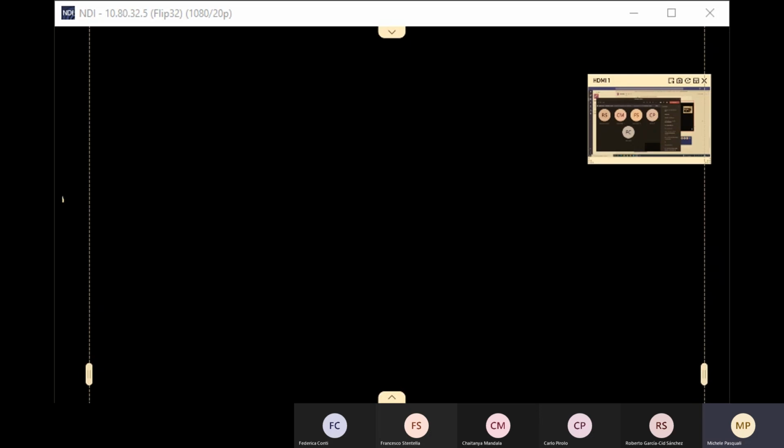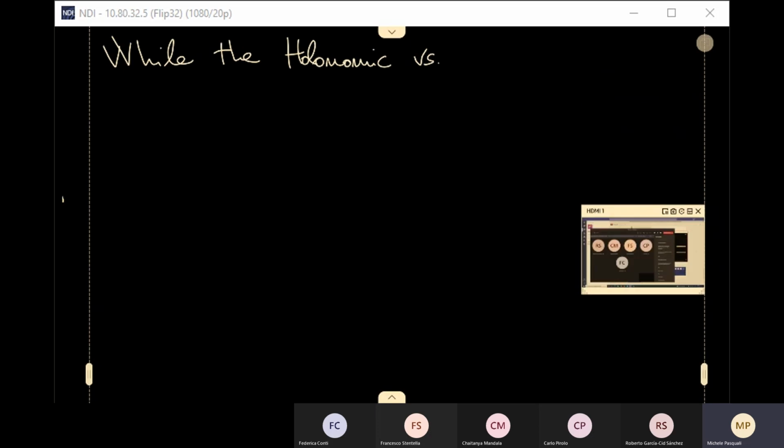So while the holonomic versus non-holonomic constraint categorization is a substantial one.